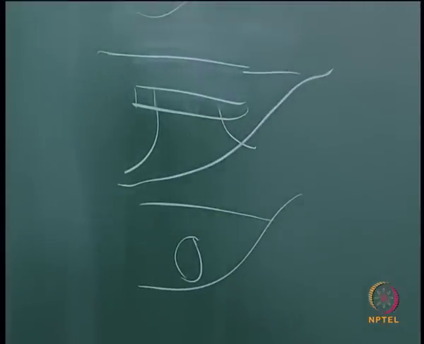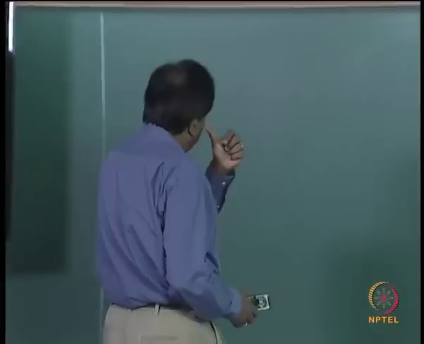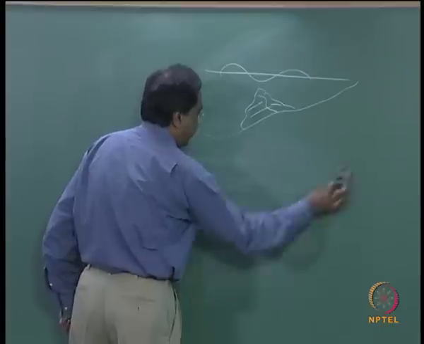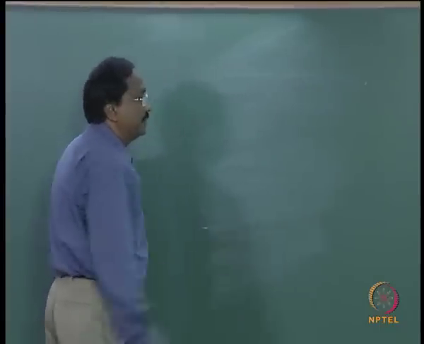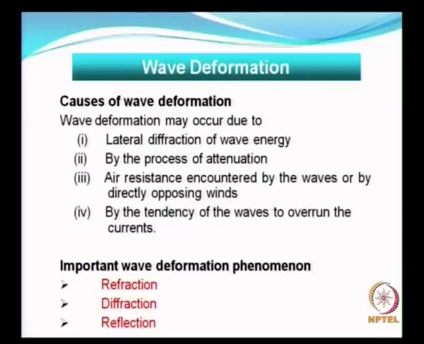So, these are all artificial kinds of attenuators which can alter the shape of the waves. Another cause is air resistance encountered by waves or by directly opposing winds. So, you have the wind blowing against the waves, then there can be some amount of air resistance.